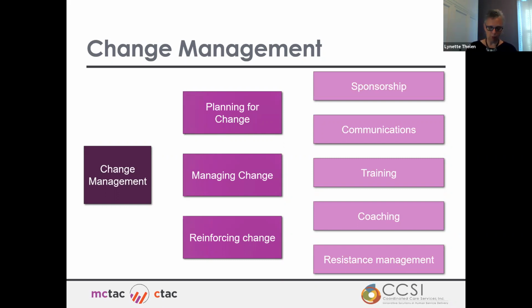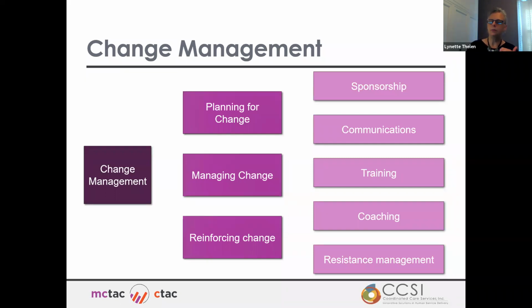Communication is always a key component. So in our last session, we talked about a communication plan. I would build a communication plan for your quality improvement project. It's important. Training, which is, how do you get that change out to everyone who needs to know?